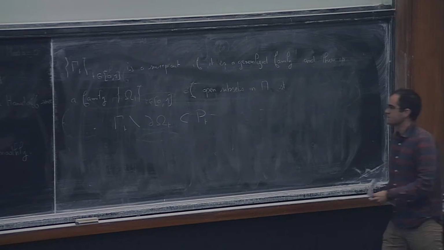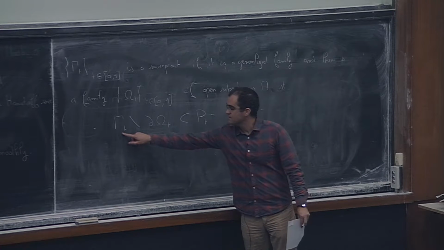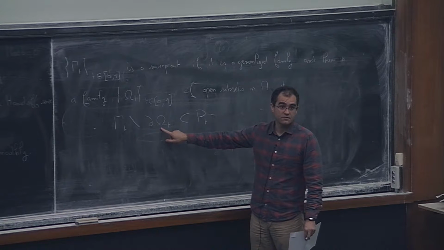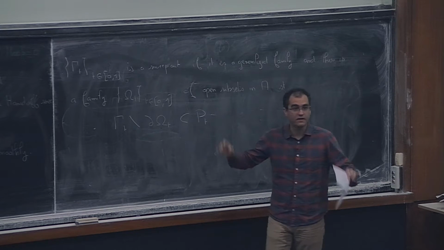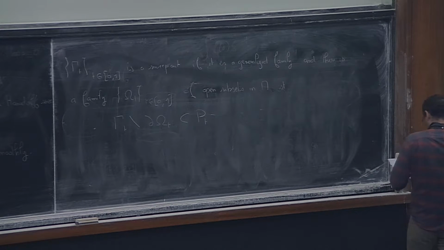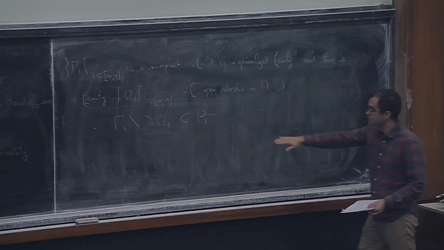So in some sense, gamma sub t is just the boundary of omega sub t. But sometimes you have to add some point somewhere in the picture, so you have some trouble with this, so you put this.